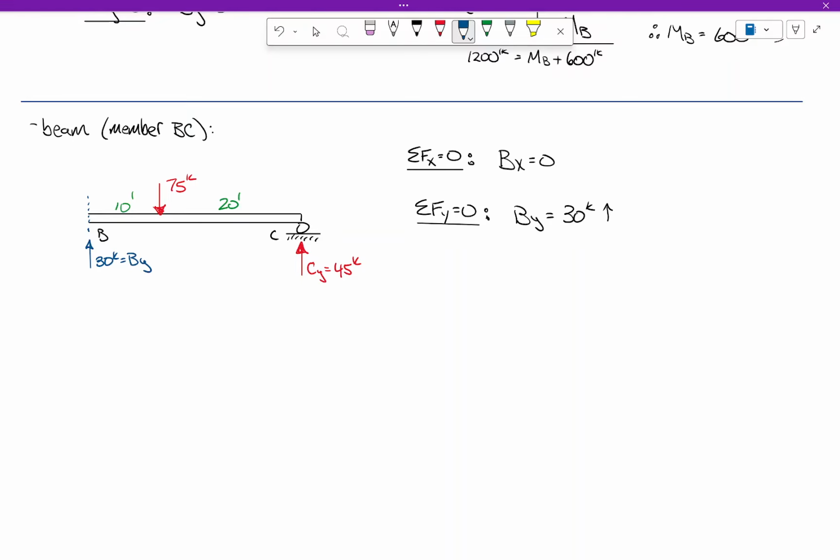So you're telling me this is 30 kips up? So 30 down, 30 up. It's almost like we cut a section and regardless of which direction we look, we should get the same magnitude but opposite directions. Interesting.